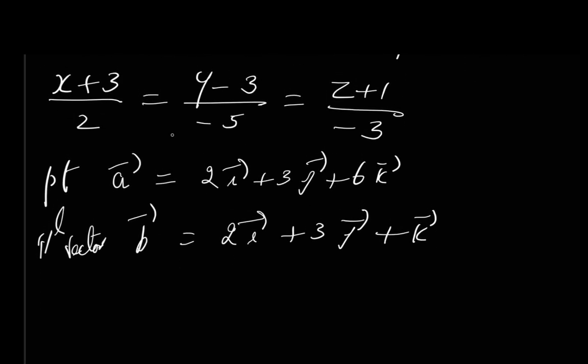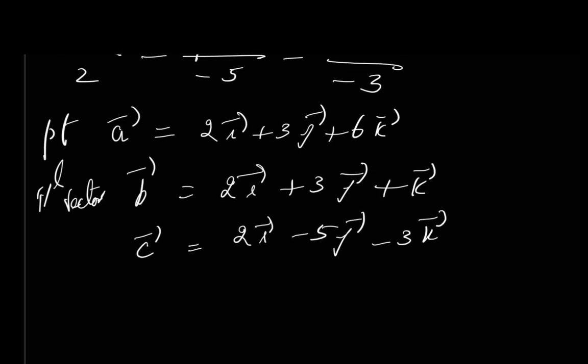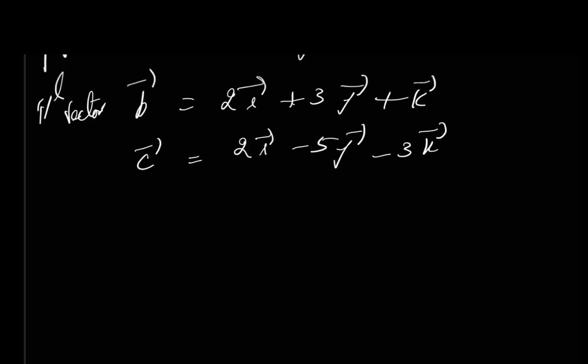Again, the plane is parallel to the other line, so it is parallel to the vector 2i minus 5j minus 3k. So this is the equation of a plane passing through a point and parallel to two non-parallel vectors. They have not mentioned that these two are parallel, so they are non-parallel vectors.